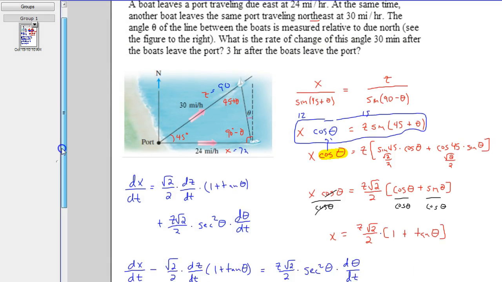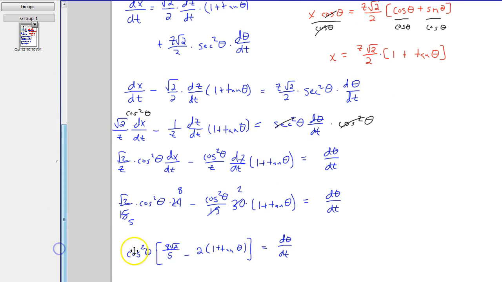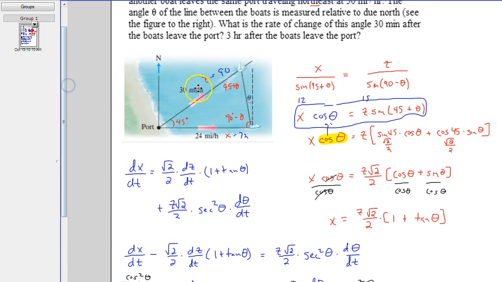So when we go through the rest of this stuff in this formula down here, when we plugged in the values for z and the values for dx/dt and dz/dt, the z is going to change. It's no longer 15 like it was.